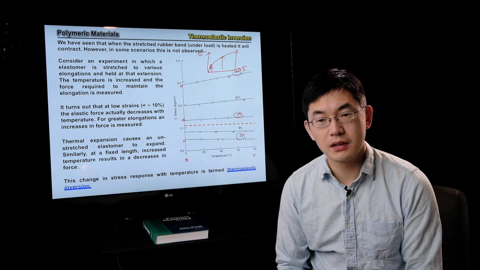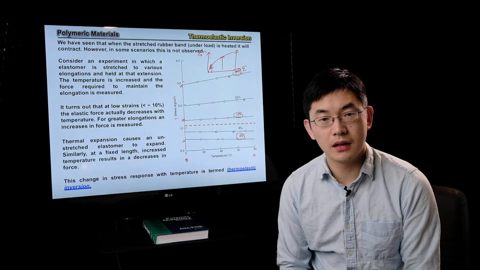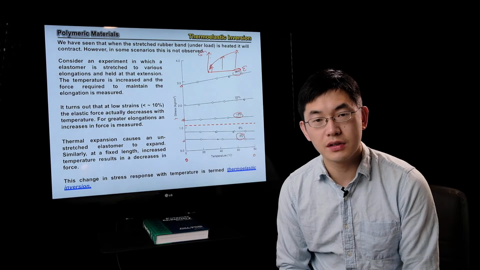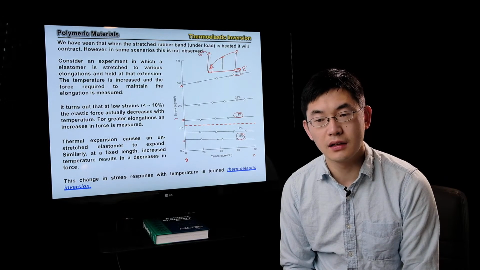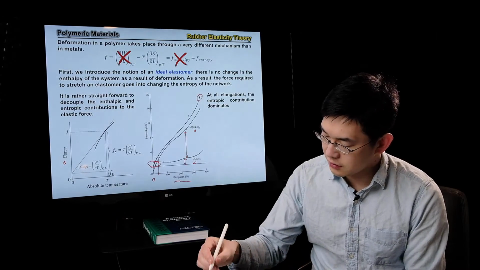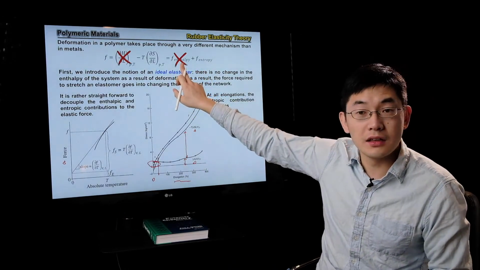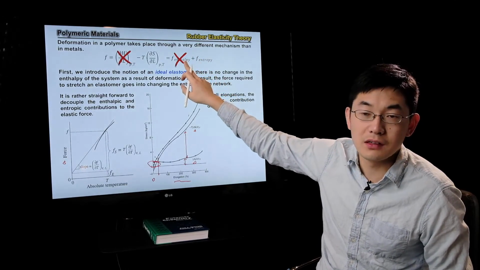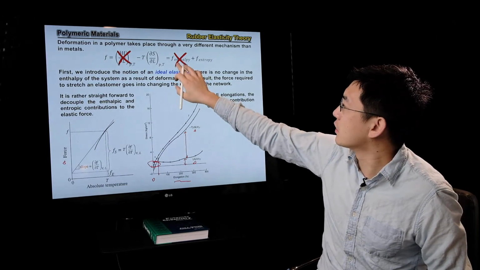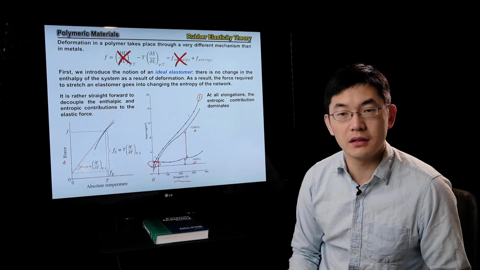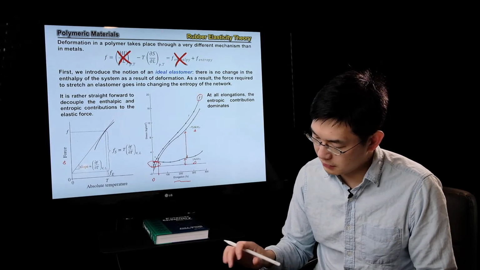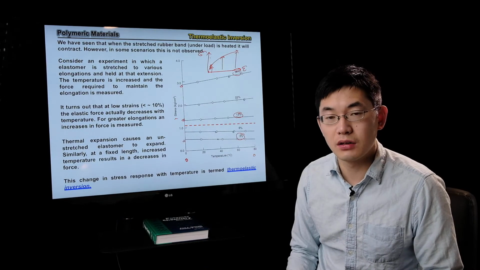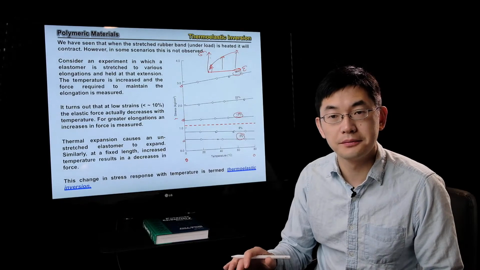When your material is heated, it thermally expands. It's related to the internal energy. So now it's a competition between the internal energy and the elastic force. If we go back to this equation, at low strain these two values are of comparable magnitude. So we no longer can remove the internal energy term and only look at the entropy term. It's a minor effect, but you should know that at low strain it will behave slightly differently.